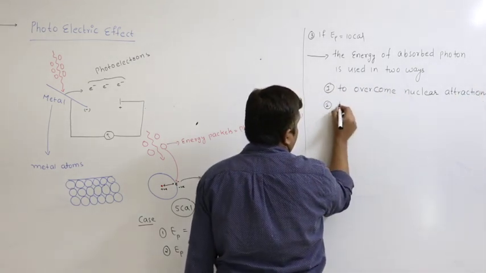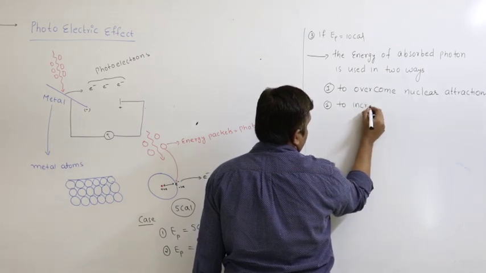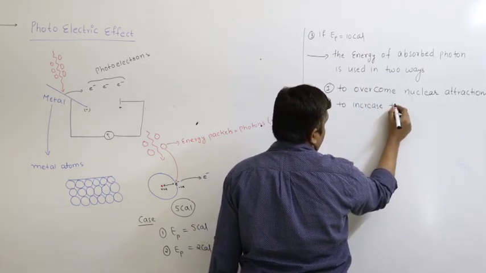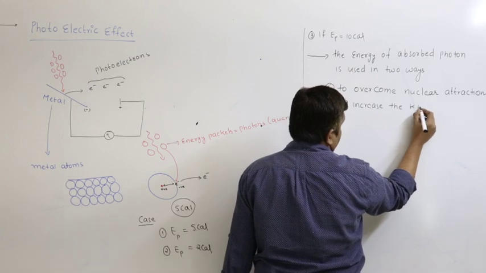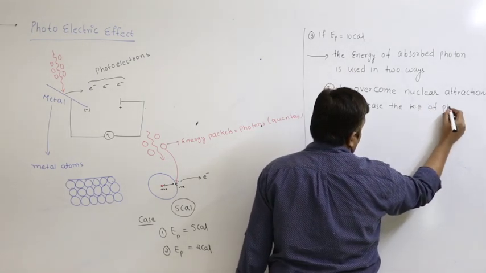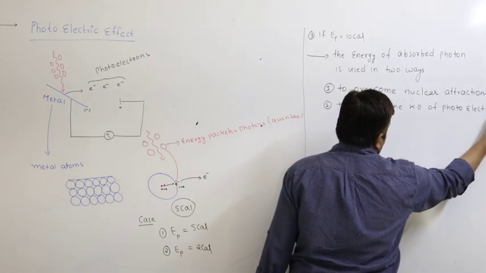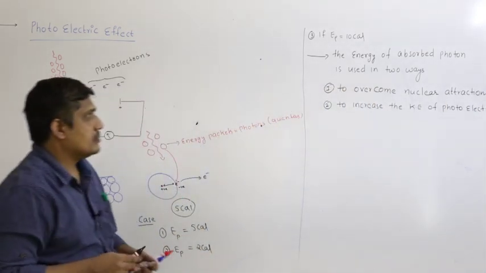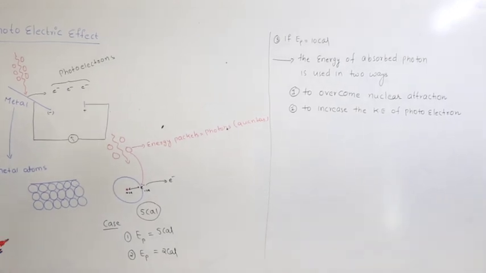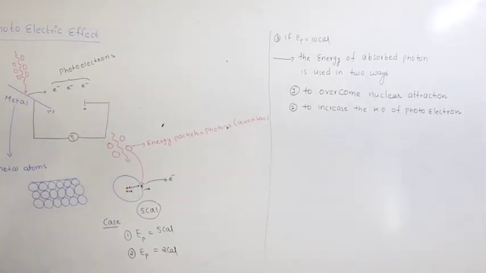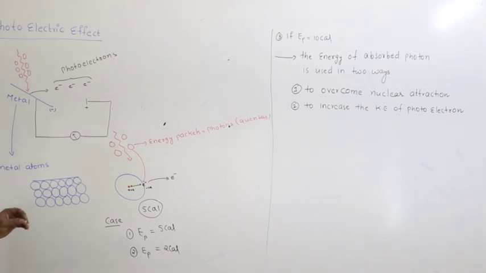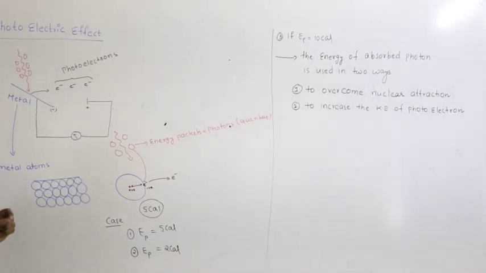Next, to increase the kinetic energy of the photoelectron. The energy of the absorbed photon is used in 2 ways. One, to overcome the nuclear attraction. Second thing is to increase the kinetic energy.